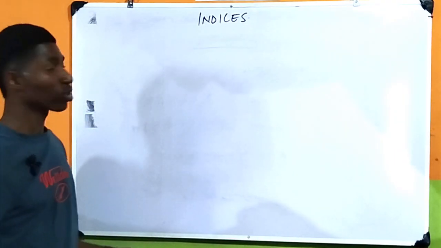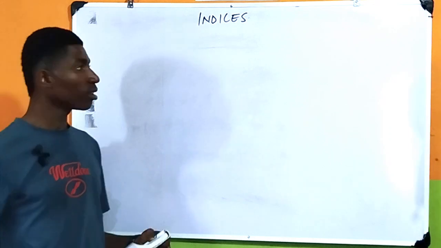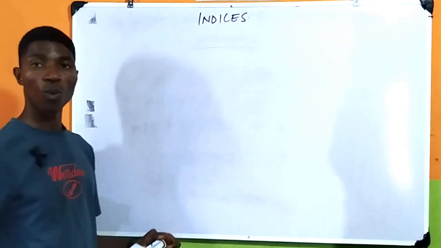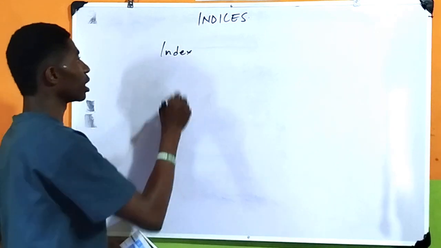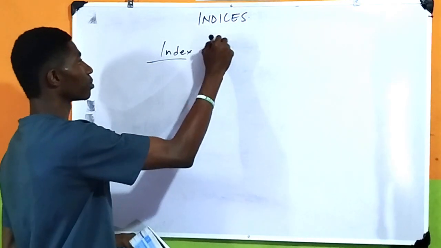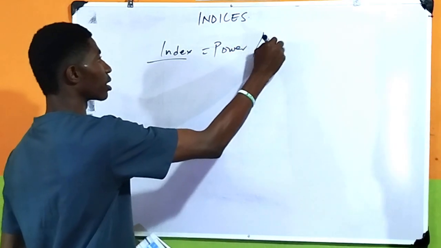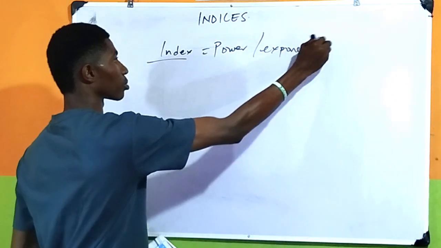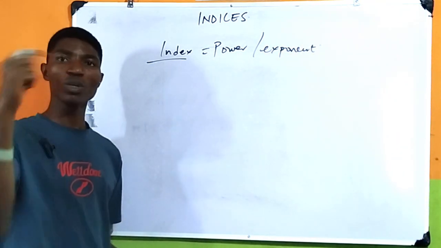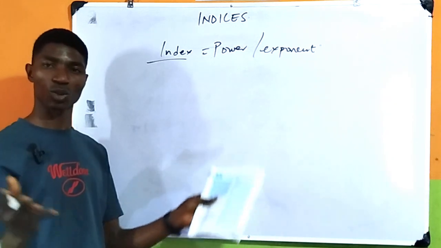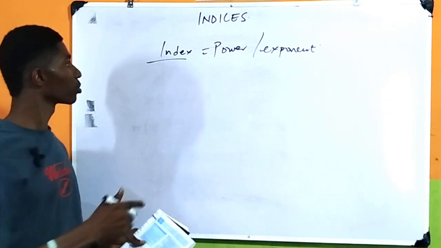Today we're going to discuss indices. Indices is a plural form of the word index, and the word index means power or exponent. So indices is the value through which a number or an expression is raised.